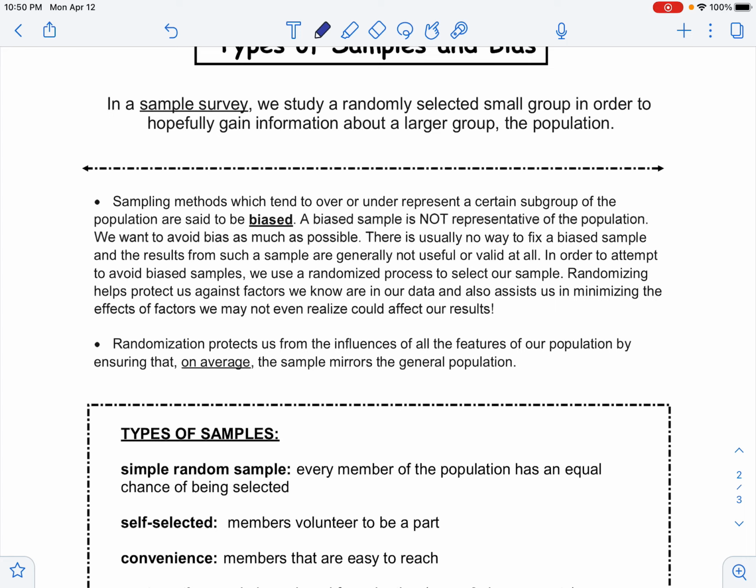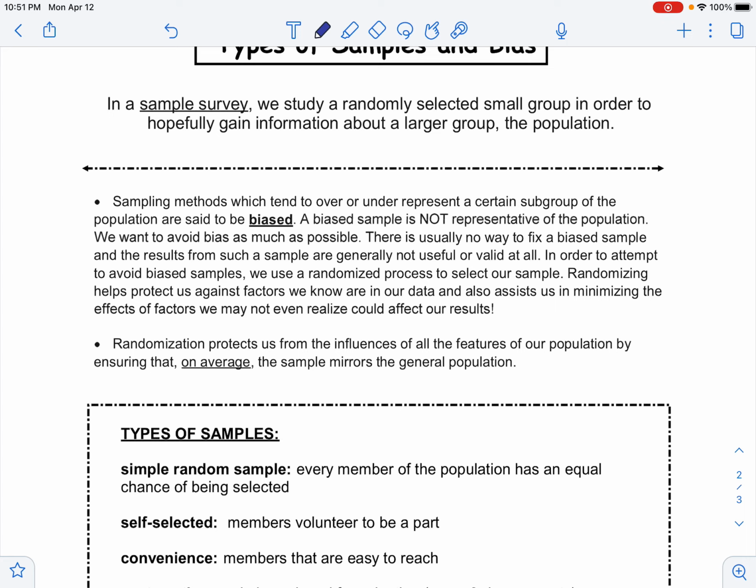Randomizing helps protect us against factors we know are in our data and also assists us in minimizing the effects of factors we may not even realize could affect our results. So sometimes you might be aware that, let's say, you are sampling a population and you want to make sure that you get samples from every gender, but you might not have even thought about how the background of certain people in your population might also affect their answers to whatever it is that you're studying.